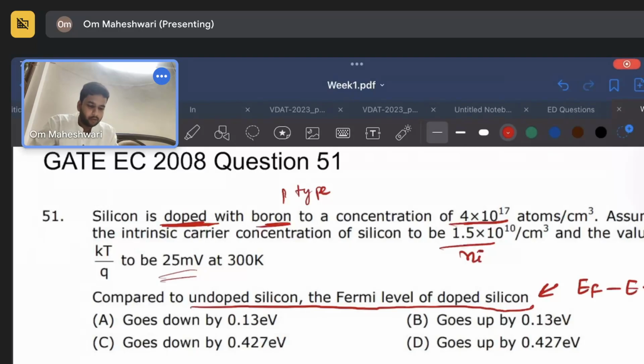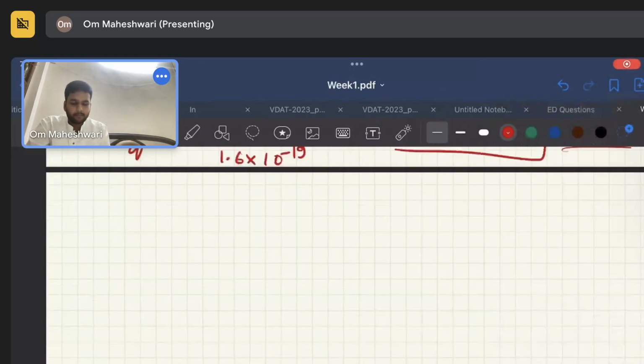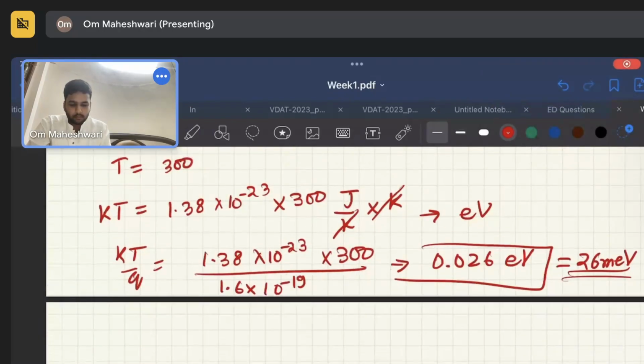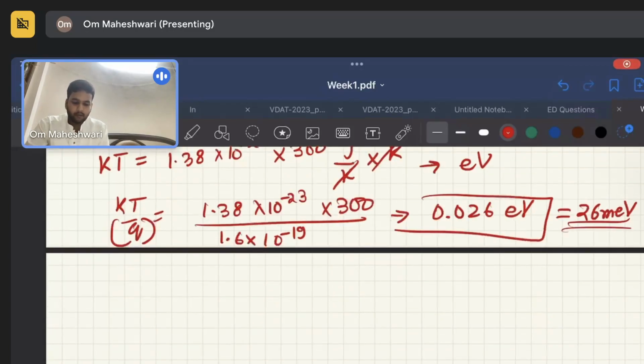Before that, Prince, let me reiterate. I did this KT by Q just to change the unit from joules to electron volts. Both are units of energy only. Generally when we do KT by Q, the answer is in volts.